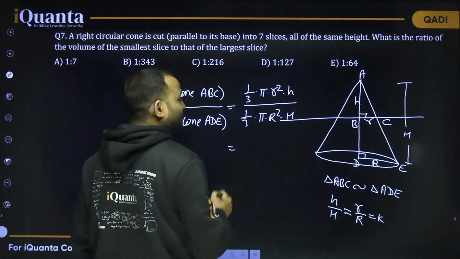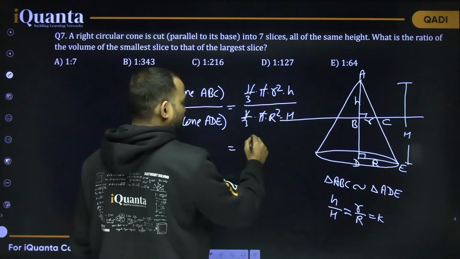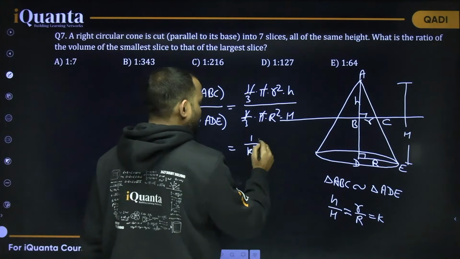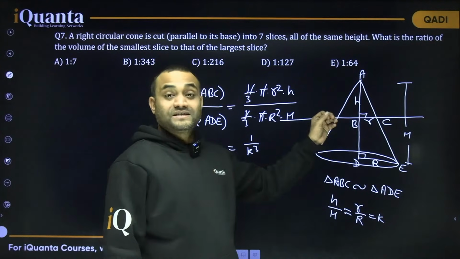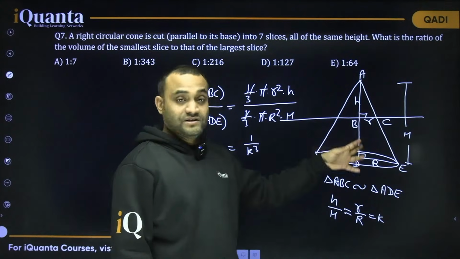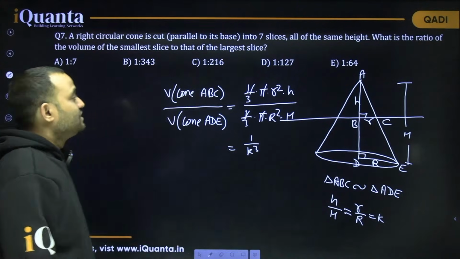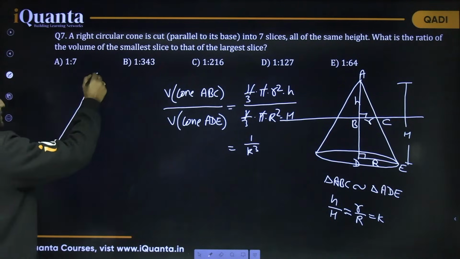So 1/3 pi cancels out. This will become 1:k cube. So this volume ratio depends on the cube of these radii, okay. So 7, what is happening here? 7 times.